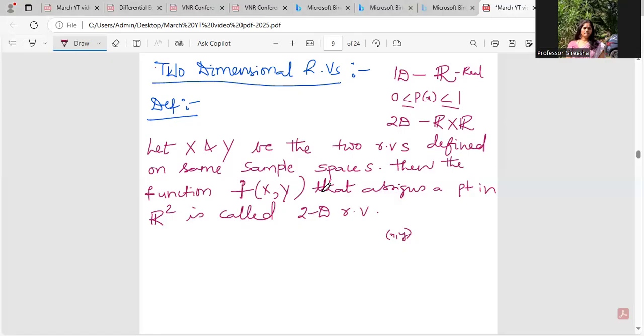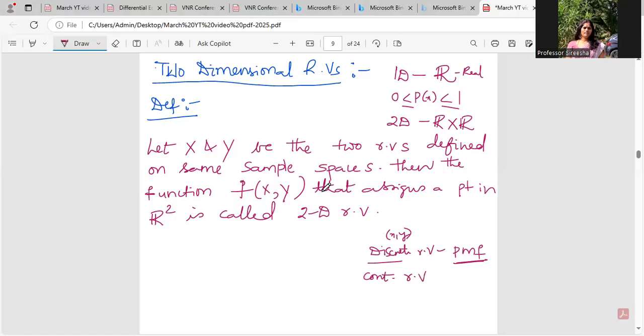Now, obviously, like how we have defined probability mass function and probability density function in the previous videos: for a discrete random variable with its probabilities, it would be called probability mass function.